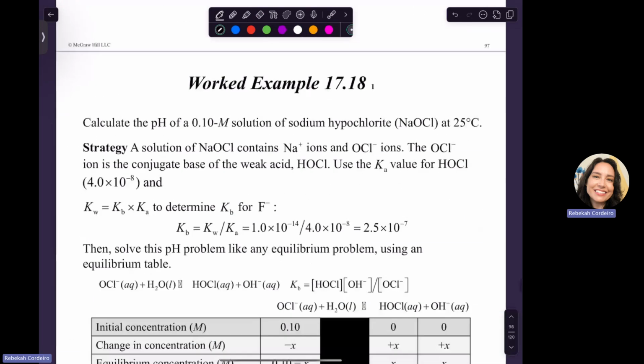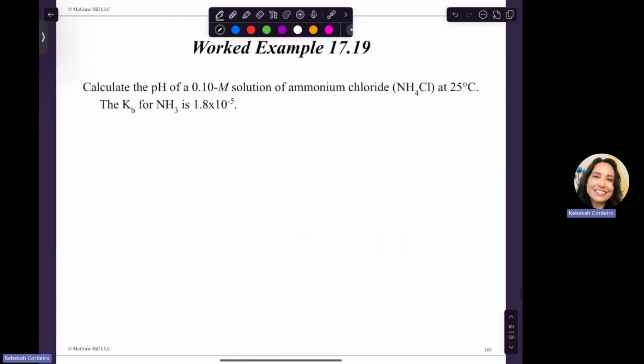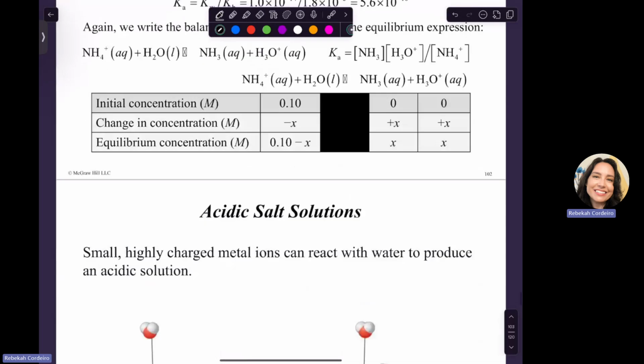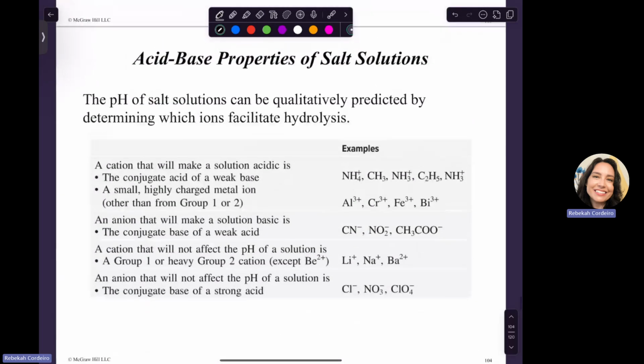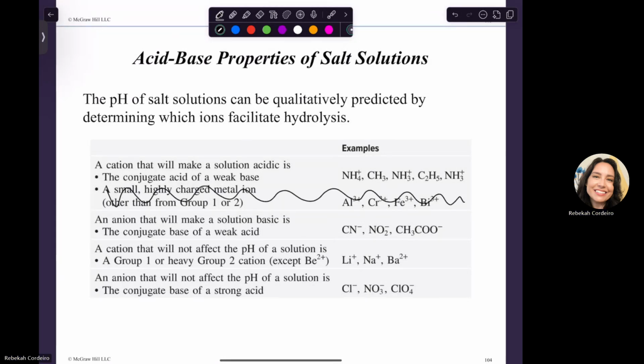So here's a nice little chart for you. I'm going to just skip this for a second and show you the chart. Here's a chart. I don't want you to worry about this row. Basically just conjugate acids of weak bases, conjugate bases of weak acids, and then basically this is all strong stuff.